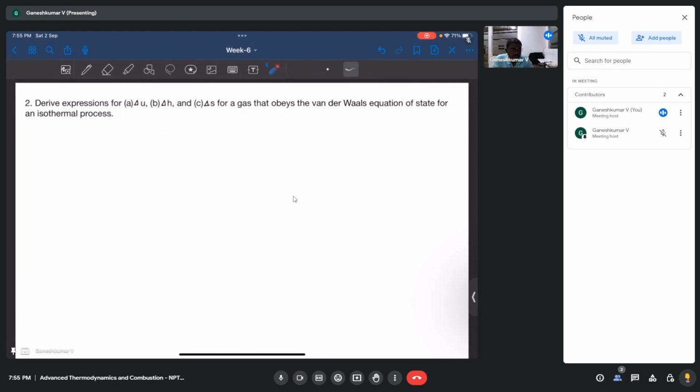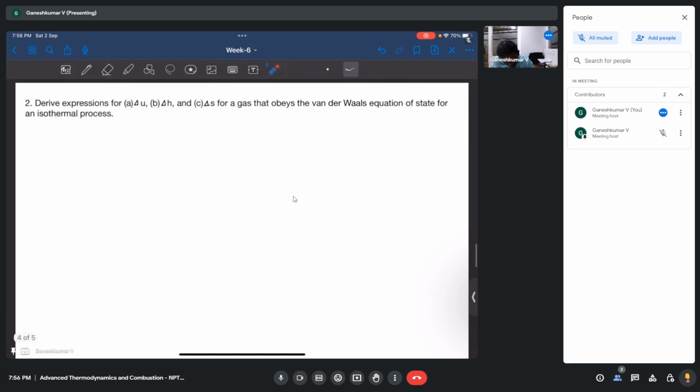It is actually even a non-linear equation of state. If you want to find temperature from pressure and volume, you will have two terms containing temperature, so you need to come up with a numerical method to solve it. So it will be a little complicated. That's why I didn't take that equation of state.